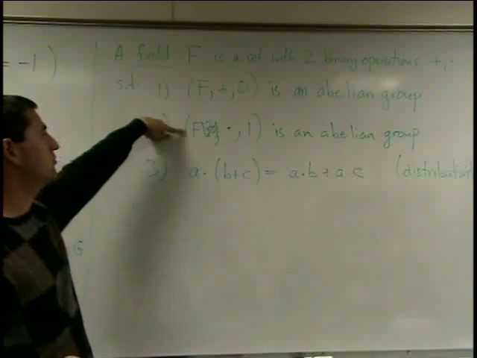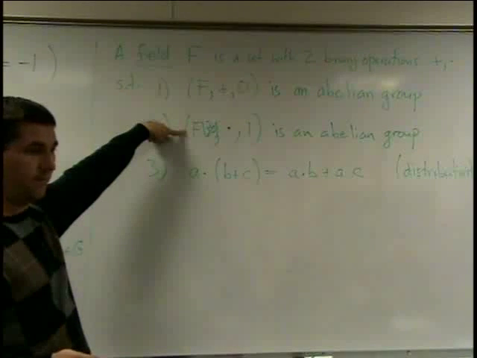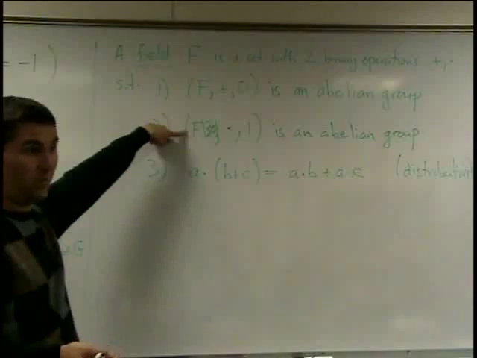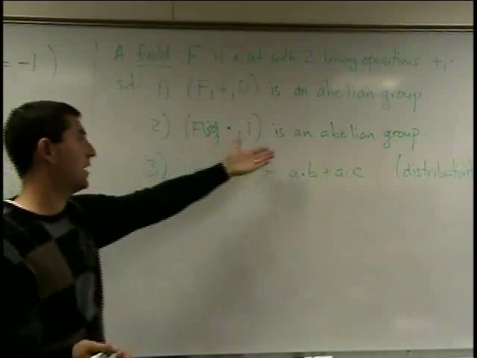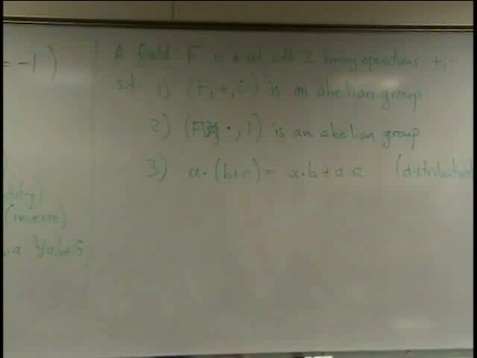But if you take the integers and you get rid of 0, you don't have inverses under multiplication, because the inverse of 2 is 1/2, which is not an integer. So it's not a group. It's abelian, but it's not a group. So the integers are not a field. They're just what we call a commutative ring. Actually, you can go so far as to say they're a Euclidean domain, but that's just a lot of jargon for you right now. Okay.